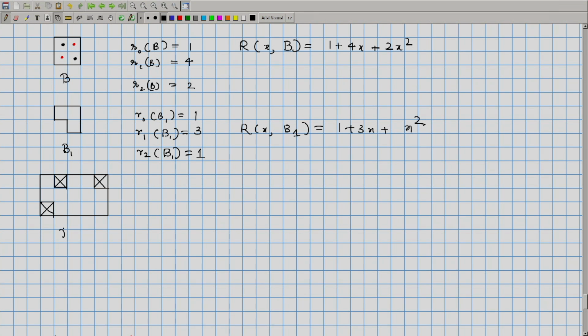If we call this board B, we are interested in calculating Rkb. In order to compute Rkb, we will compute R(x, b), namely the Rook polynomial of this particular board, and once we have computed it, from that we can derive Rkb.